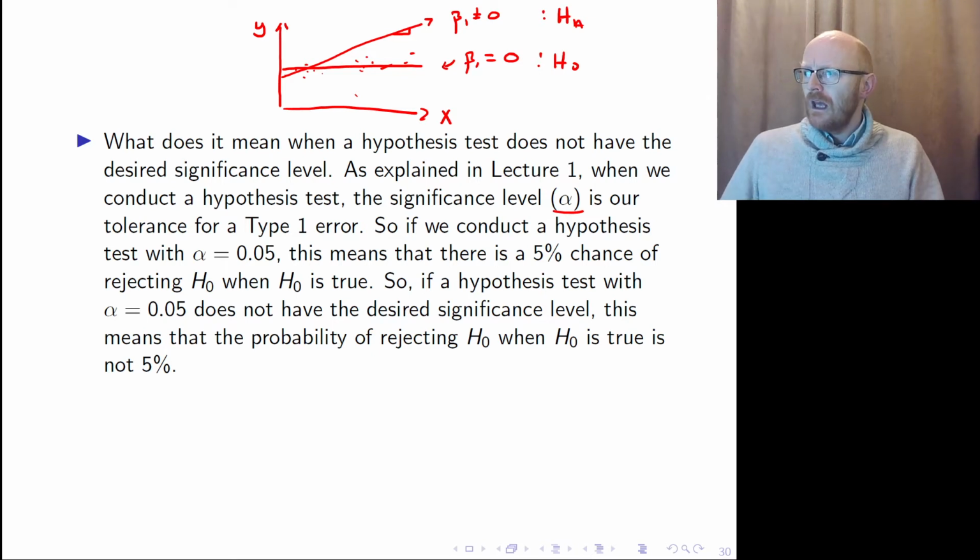Okay, so if we conduct a hypothesis test with a significance level equals 0.05, this means that in 5% of the cases, in 5% of our analysis, we would expect that even if the true beta actually is 0, we reject the null hypothesis of beta equals 0 and adopt the alternative hypothesis of beta different from 0.